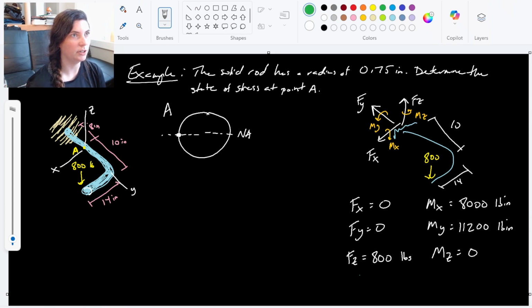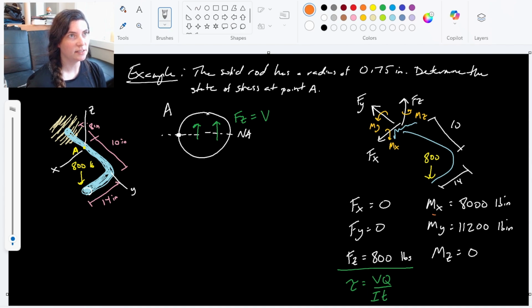Let me do FZ in green. The FZ is our shear stress. It's acting along the face of the cross section there. So this is going to be a shear stress of VQ over IT.